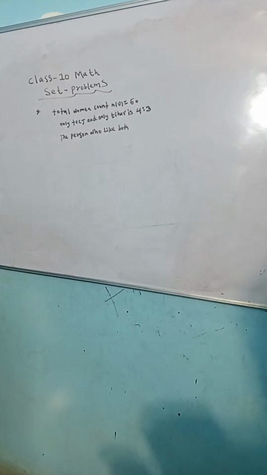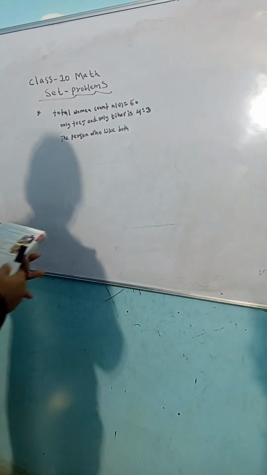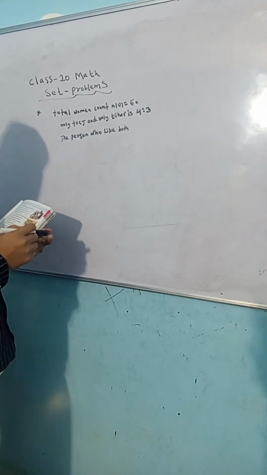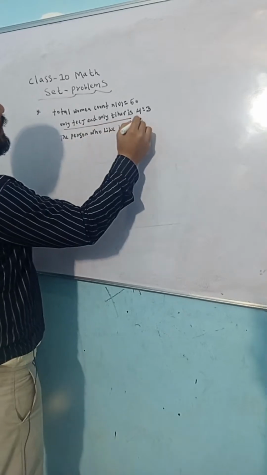So guys, sorry, I went outside. In a group of 60 women, the ratio of women who like only Tej and only Tihar is 4:3. We are given that only Tej and only Tihar are in a 4:3 ratio.